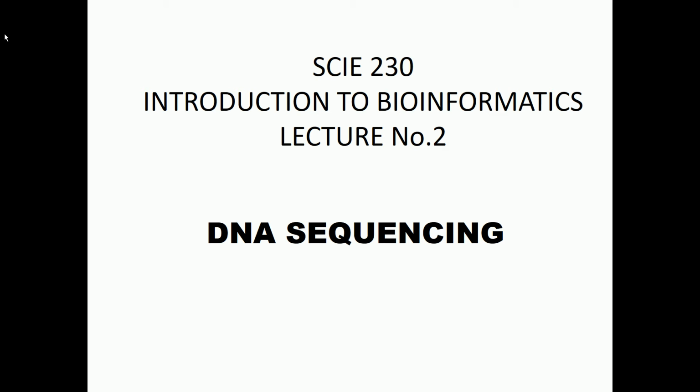Before we learn how DNA sequencing is done, it is important to know what DNA sequence means. DNA sequence basically means the order of the nitrogenous bases, the order of A, T, C and G. As you know, DNA is a polymer made of nucleotides, and if you recall, a nucleotide has three components: a pentose sugar, a nitrogenous base, and a phosphate group.